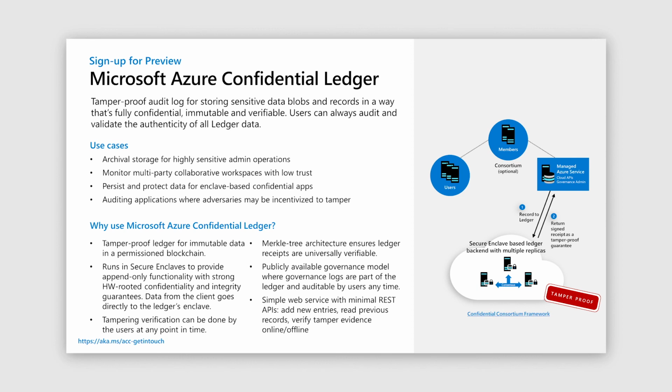You can monitor these multi-party data collaboratives that we talked about earlier. Something like this will let you now audit who accessed the data, what access did they get, what operations did they perform. The important thing here is Azure Confidential Ledger gives you that guarantee that the logs that you're trying to access are completely tamper-proof.